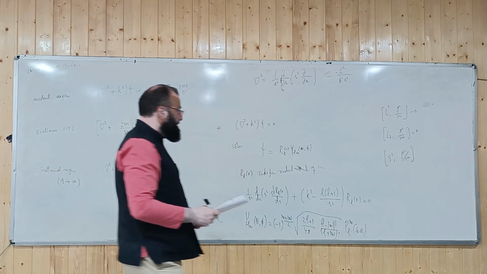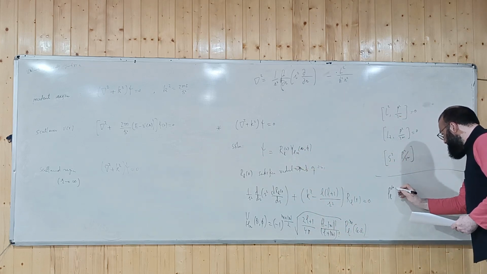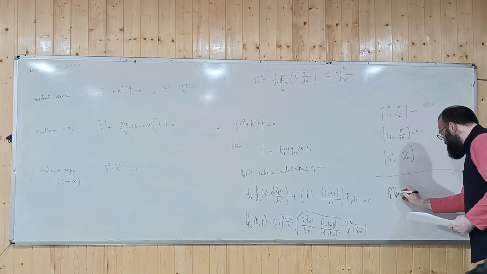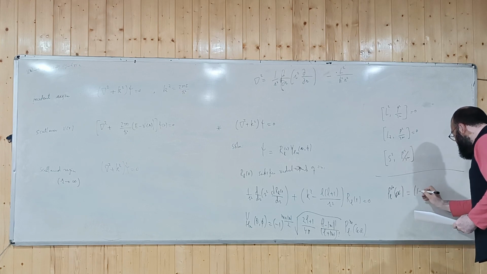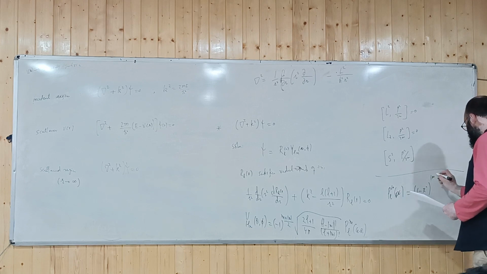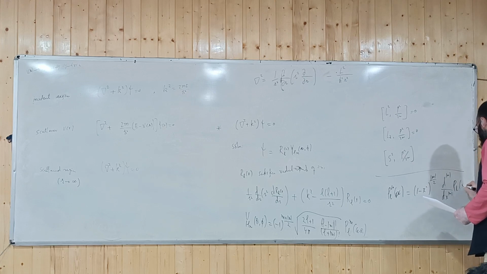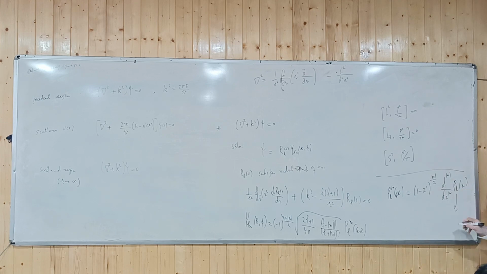Let me write that. P_LM(x) is equal to (1 minus x squared) raised to |m|/2 times d^|m| by dx^|m| of P_L(x). This P_L(x) is the Legendre polynomial, and this is the associated Legendre polynomial.